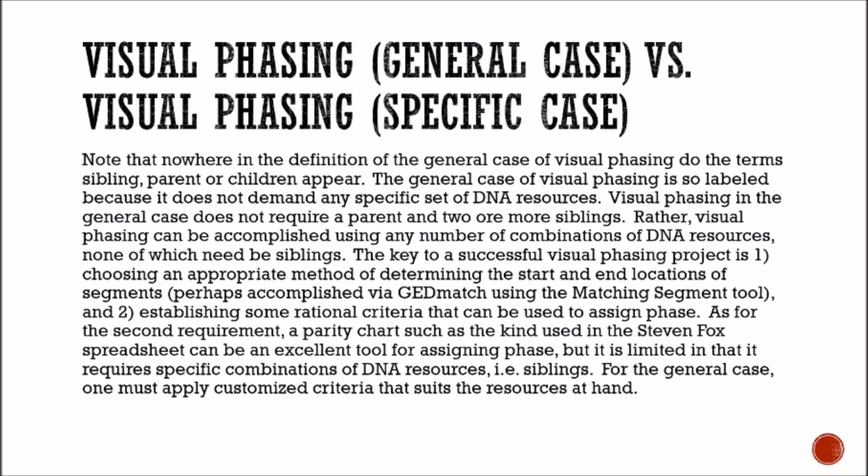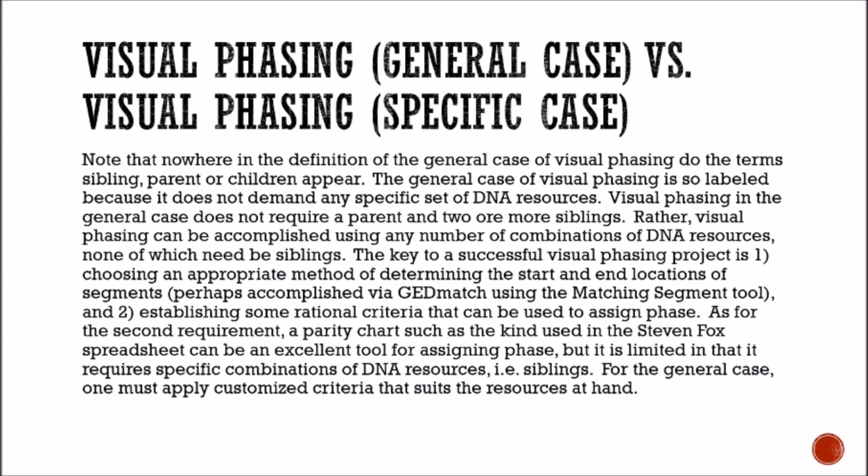Okay, so now let's talk about visual phasing, the general case, which is what I've been talking about all along here, and visual phasing, the specific case. And when I'm making this comparison, I'm in no way saying one's better than the other. General case just means it's like general relativity and special relativity in physics or something. It's just that one is a general case and one is a specific case of the other.